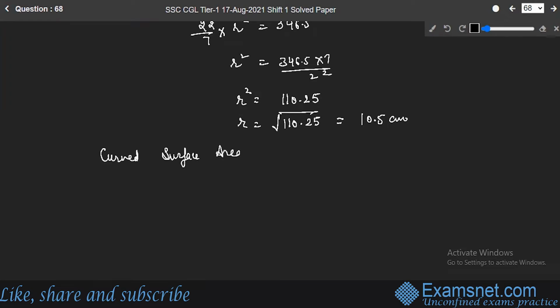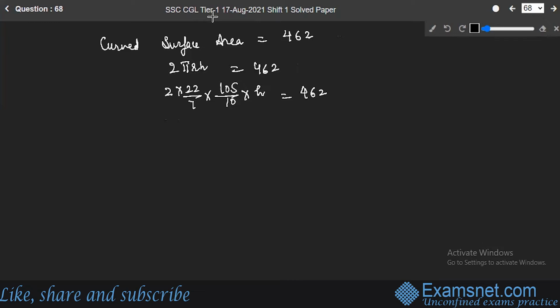Curved surface area was given to you as 462. 2 pi r h is equal to 462. From here, h is equal to 462 into 7 into 10 into 2 into 22 into 105.